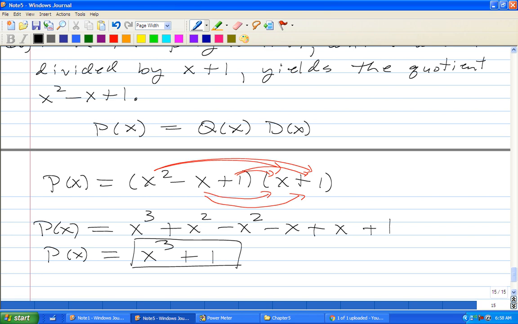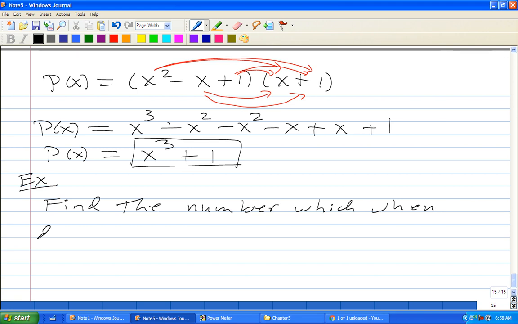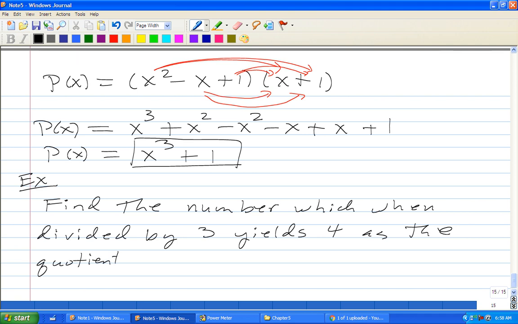Let me do another example. Find the number which, when divided by 3, yields 4 as the quotient and 1 as the remainder.